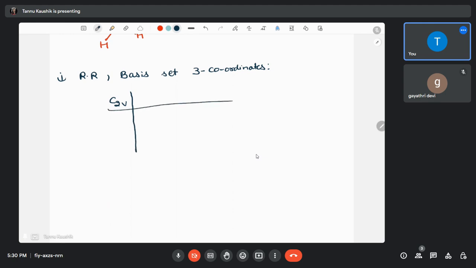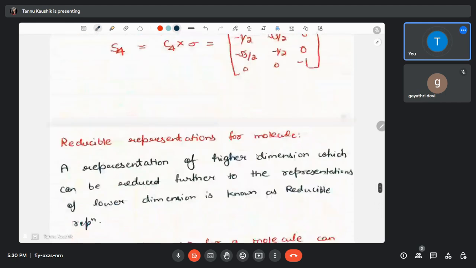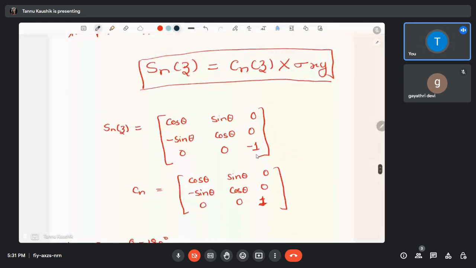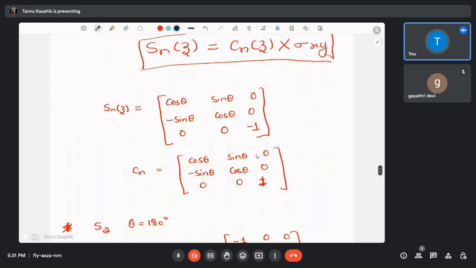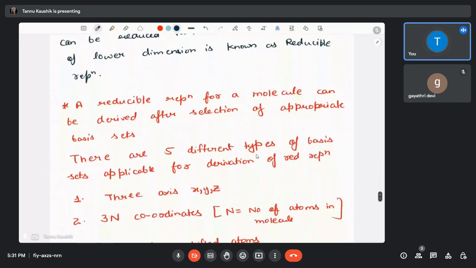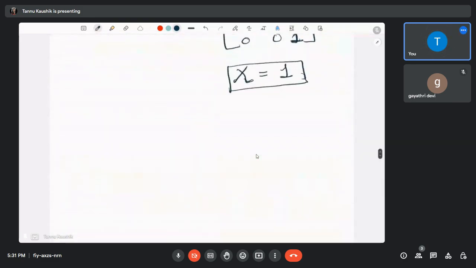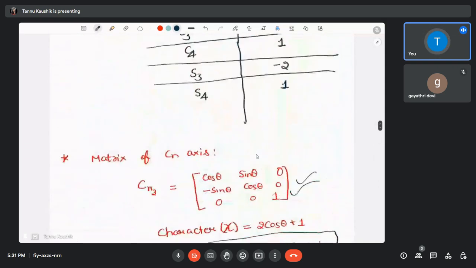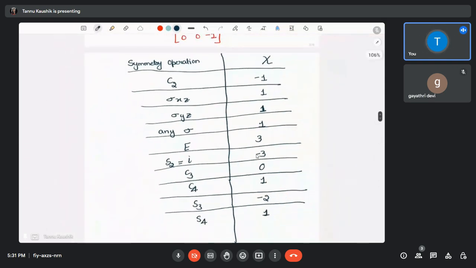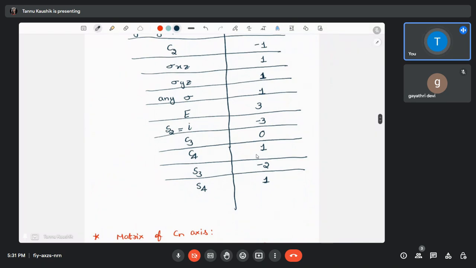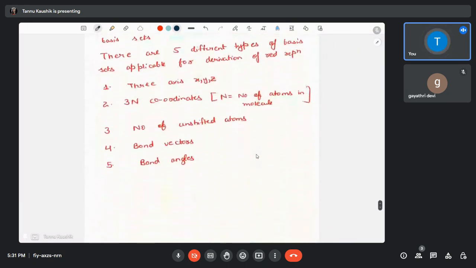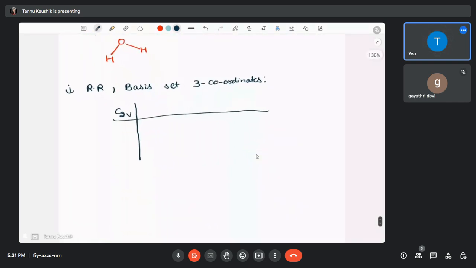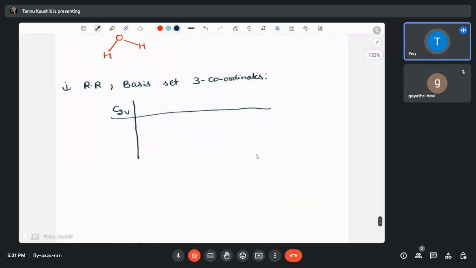These matrix systems we found out were for the three coordinate system only. So these symmetry elements I have written in the character table are for three coordinate systems. So we can directly write the reducible representation with respect to each of these symmetry elements.